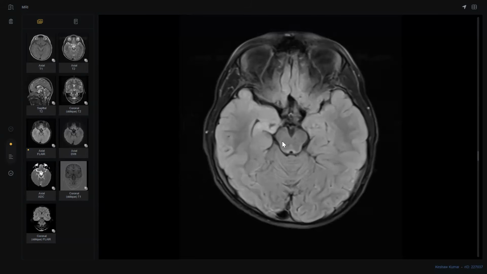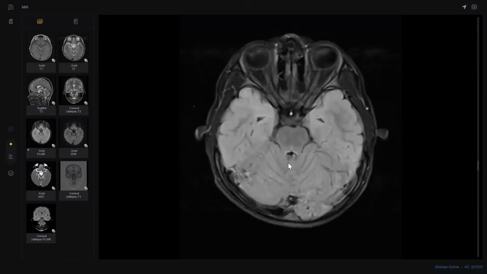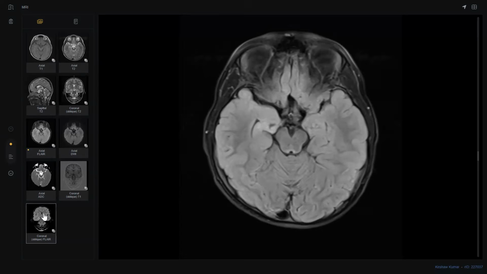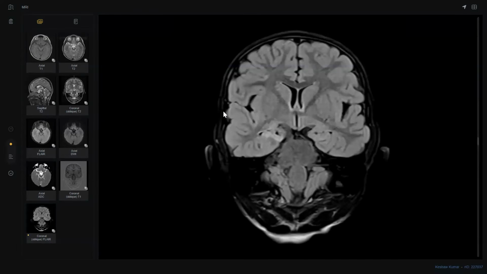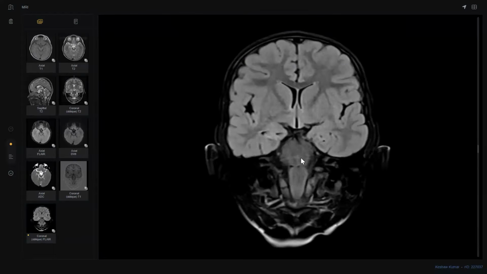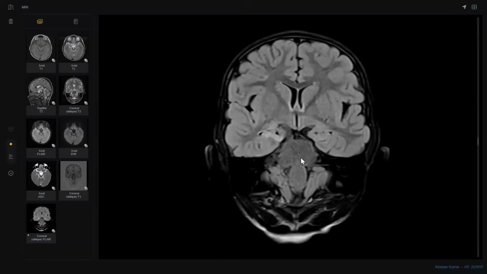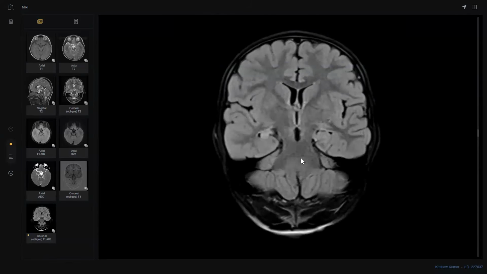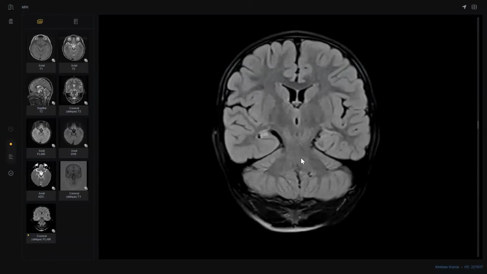Also, up here, there are abnormal signals within the right hippocampal region. So I have strong suspicion of mesial temporal sclerosis on the right side.